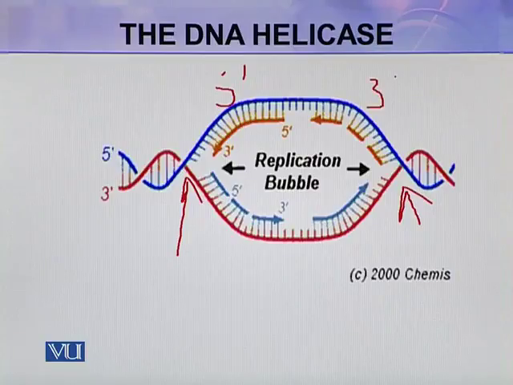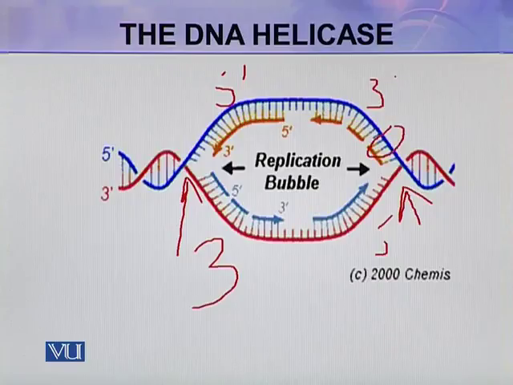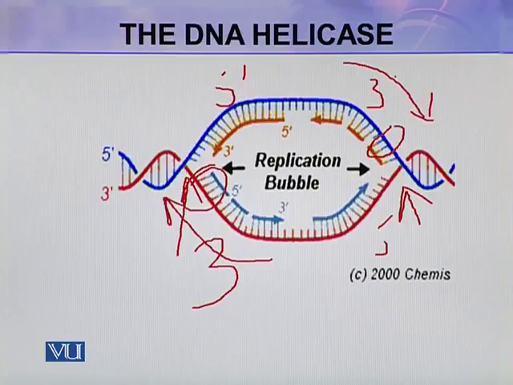Similarly, this is 5 prime and this is 3 prime. So this strand will decide the polarity of the DNA helicase. If the helicase binds here, the polarity will be 5 to 3 prime. So this is the polarity of DNA helicase.